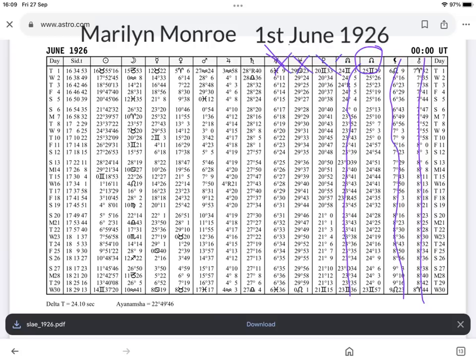They're going to really grab you and make something destined happen. When we get to do predictions, you will see most of her life, her fame and her death was in Guru, Jupiter, Mahadasha.